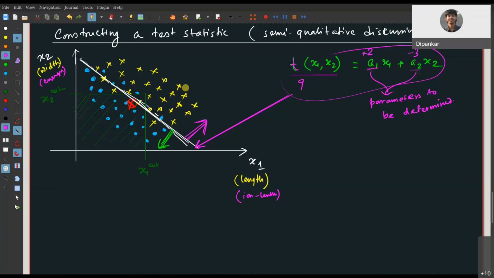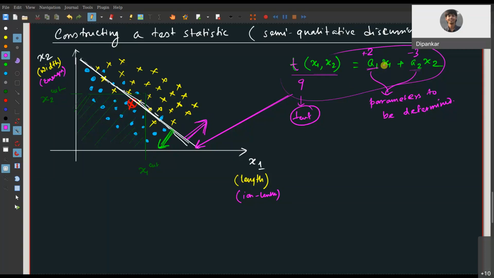So my job is to fix this straight line at a certain point. That is my t cart. The white straight line is my t cart. This t cart, first of all, gives me the optimal separation. On the right I will get yellow, on the left I will get blue.